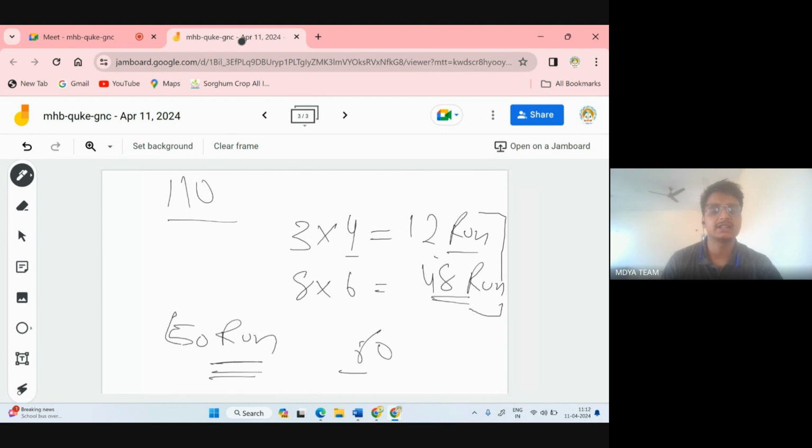No, 60 runs he made from boundaries and 50 runs he made running between the wickets. So the percentage would be 45, 44 only. So some calculation mistake is there, but the method is correct. Okay.